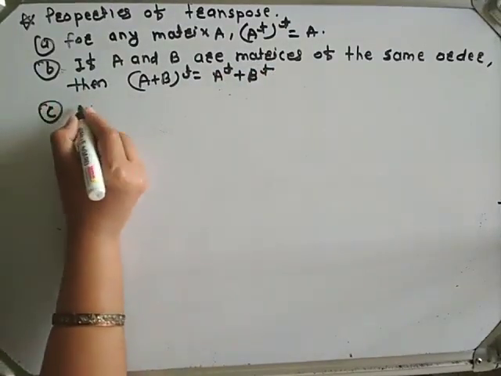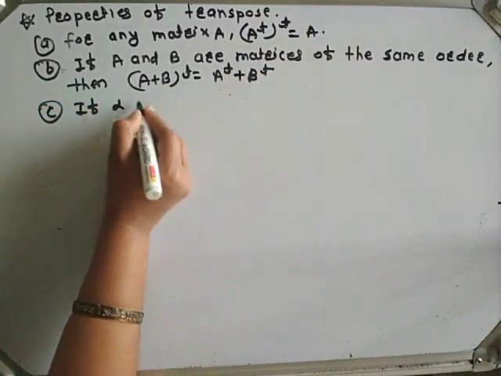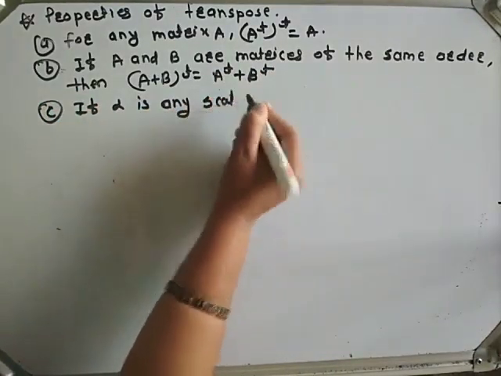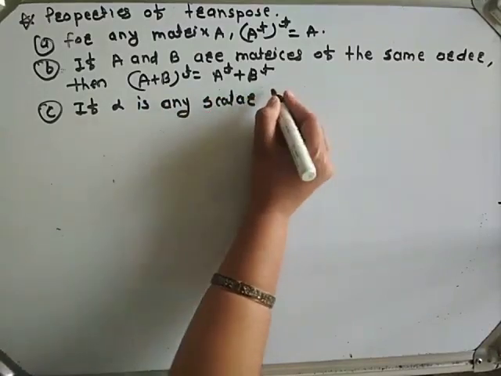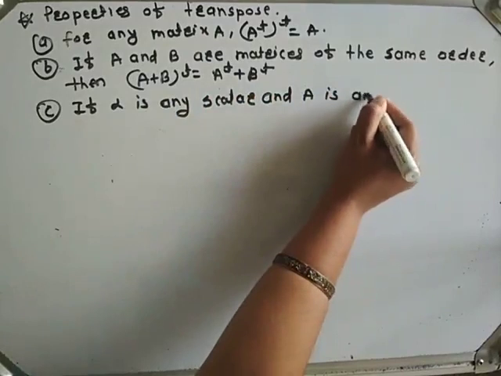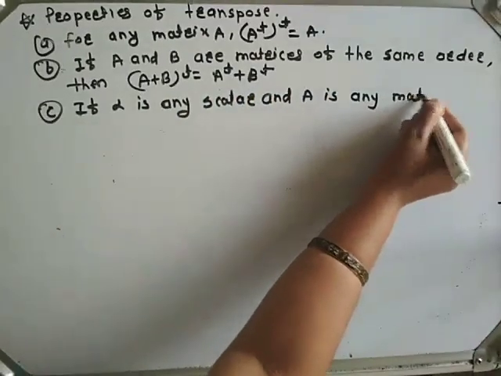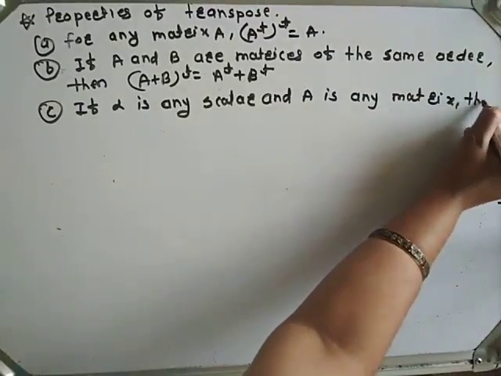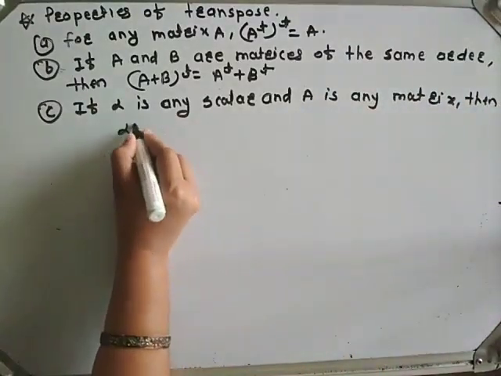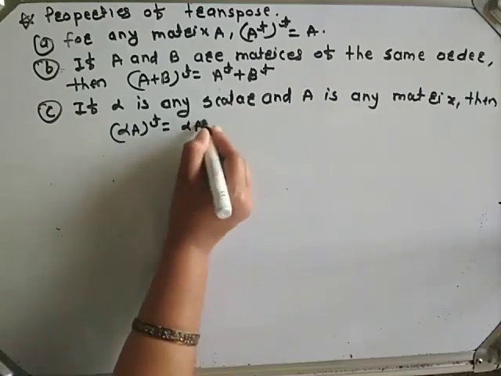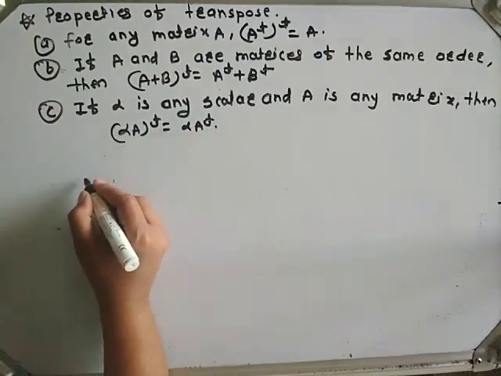C, if alpha is any scalar and A is any matrix, then (alpha into A) transpose is equal to alpha into A transpose.